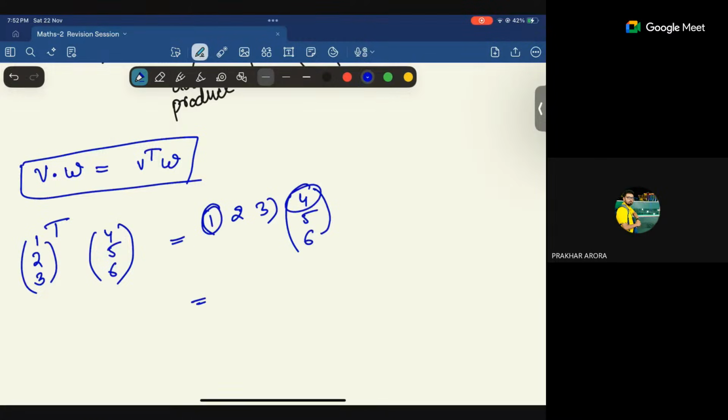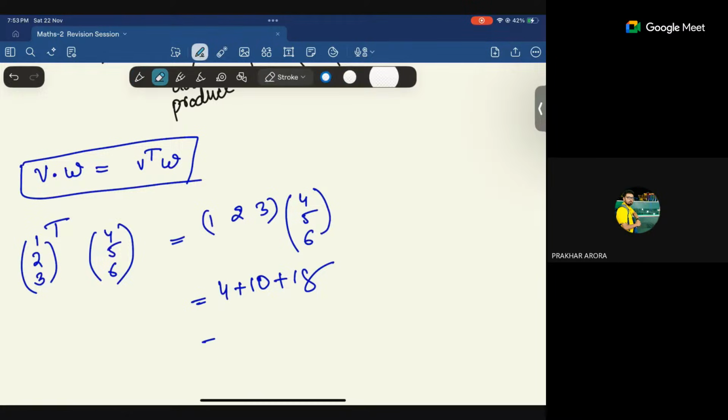Multiply 1 with 4, so this will be 4 plus 10 plus 18, and this equals 32. Yes, 32. This is the dot product here.